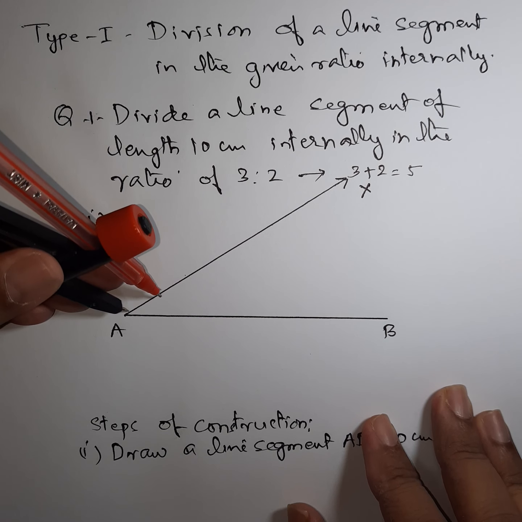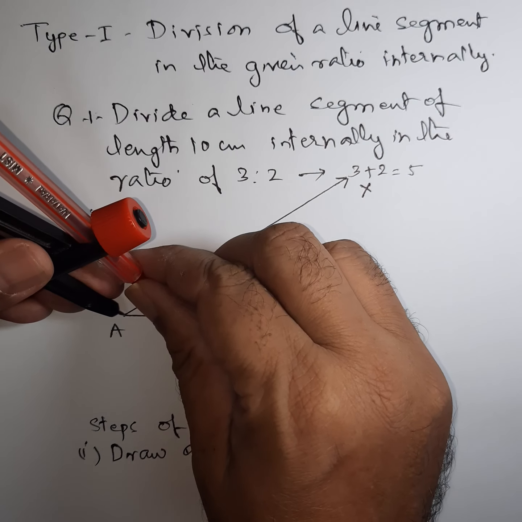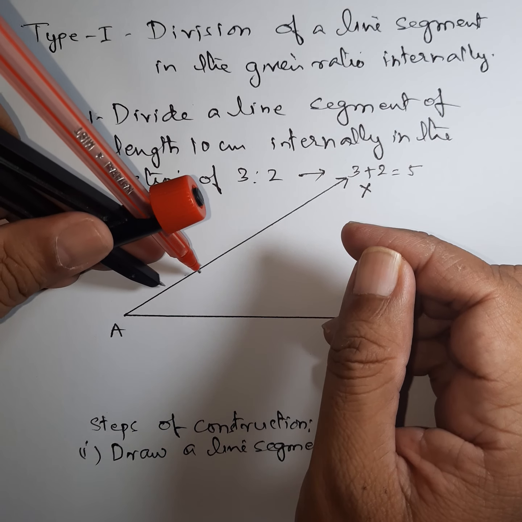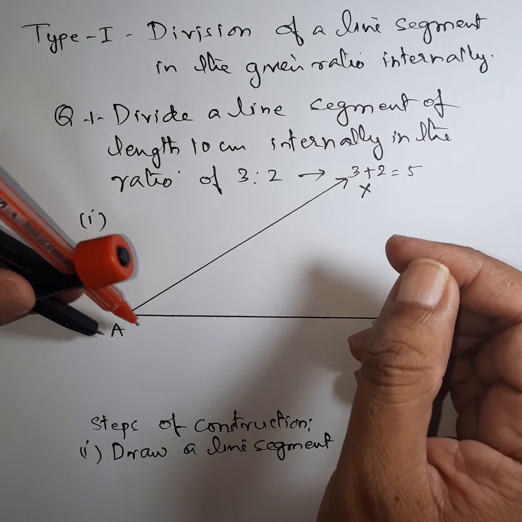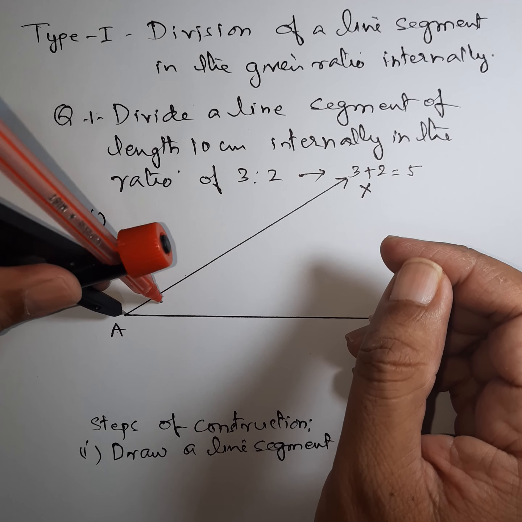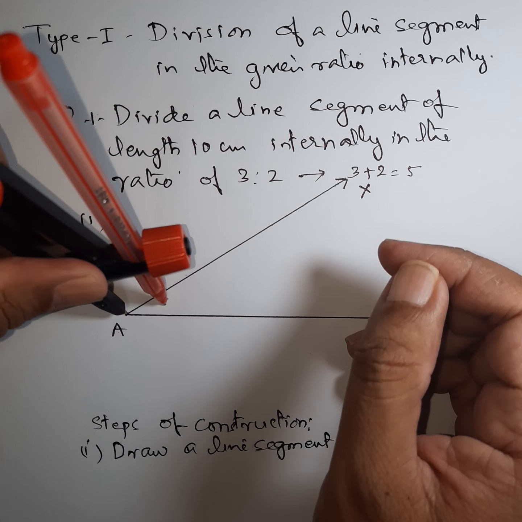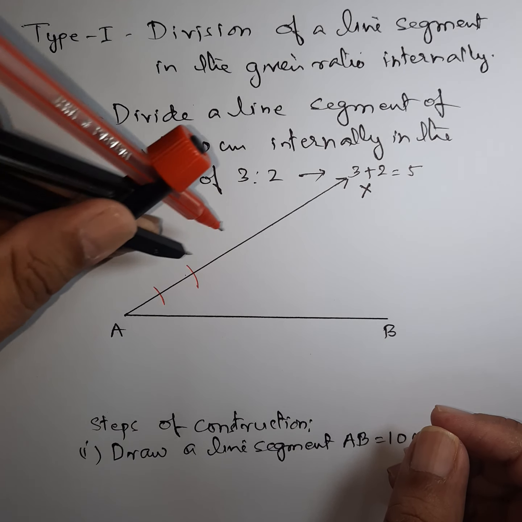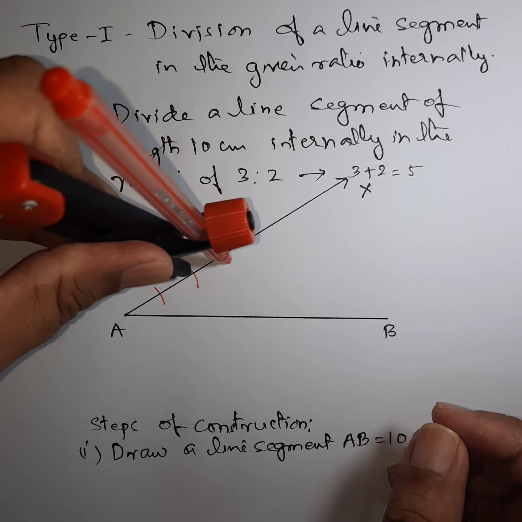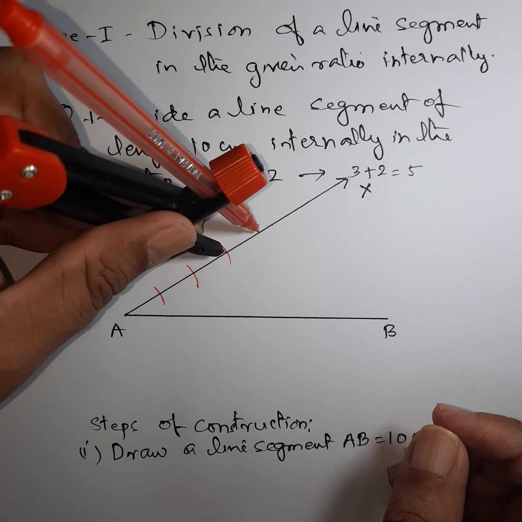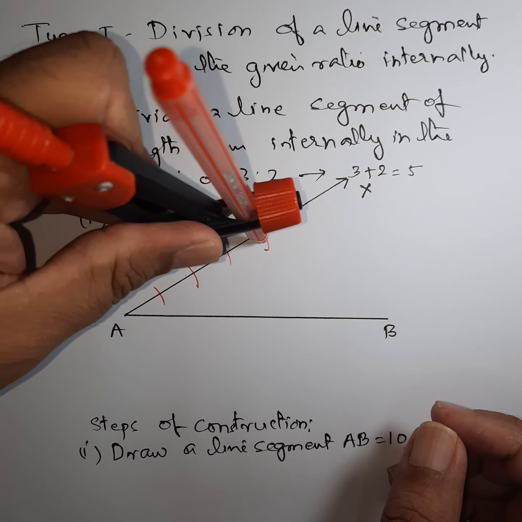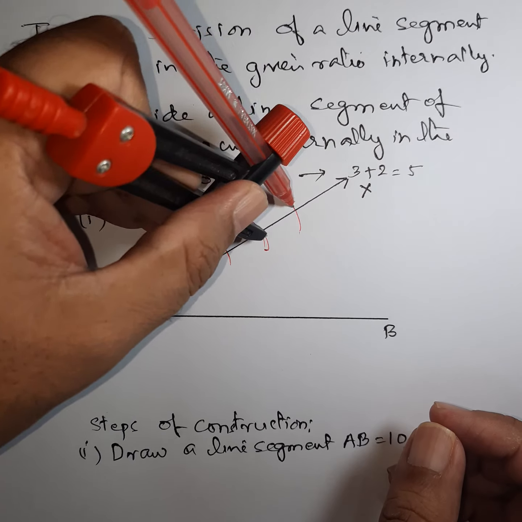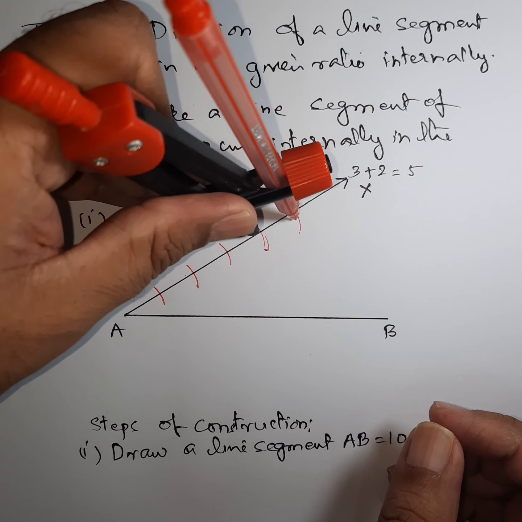You can take any suitable length. So 1, 2, 3, 4 and 5 parts. So we have divided it into 5 parts.